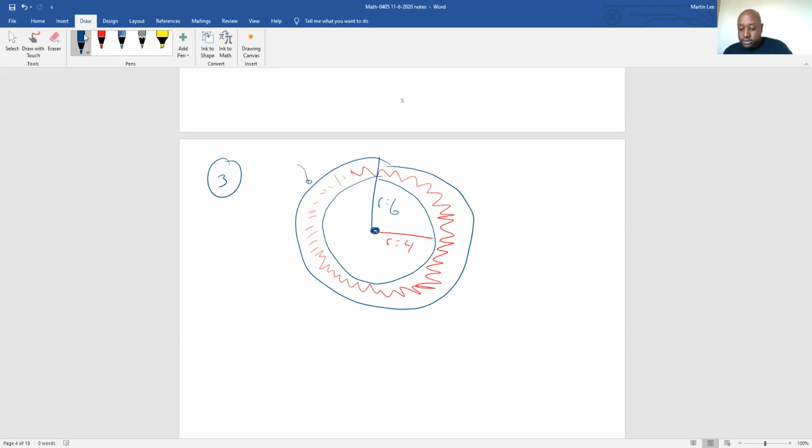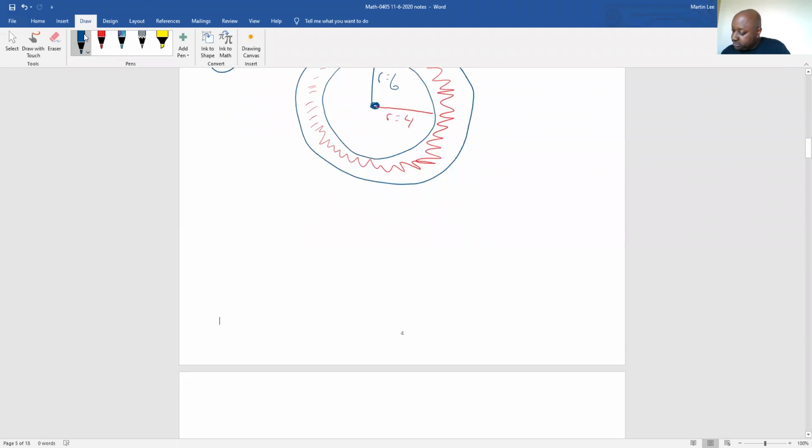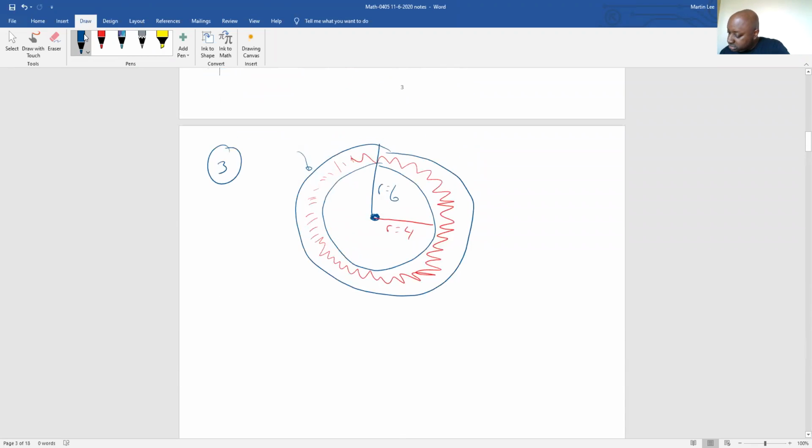So to find the area of the shaded region, well, that's going to equal the area of the outer circle minus the area of the inner circle.